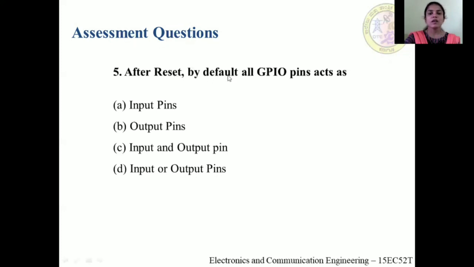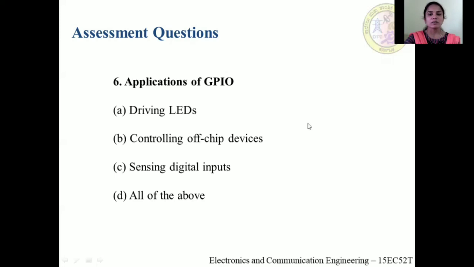After reset, by default, all GPIO pins act as input pins. If you want to use those GPIO pins as output pins, you have to set the direction of the GPIO pins either by using the legacy group of registers or by using the enhanced feature registers.